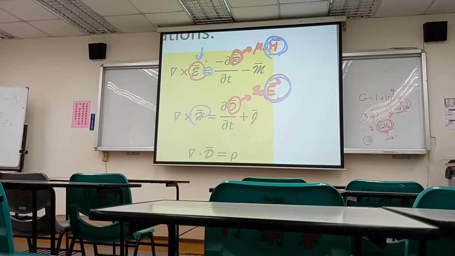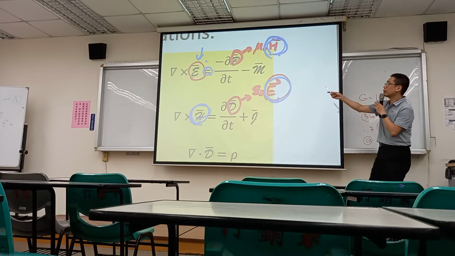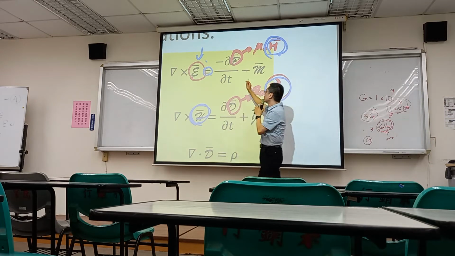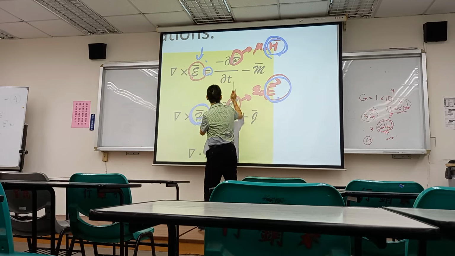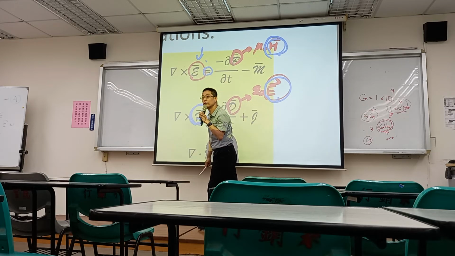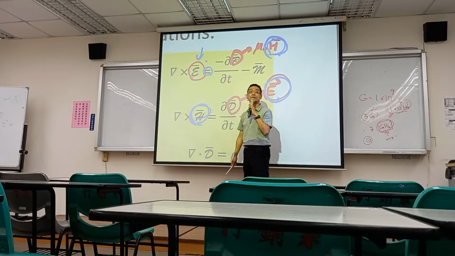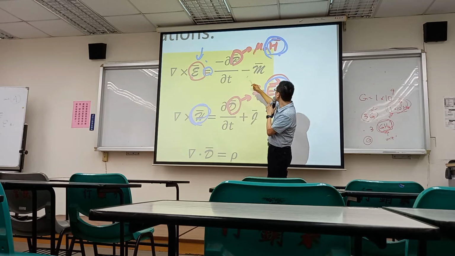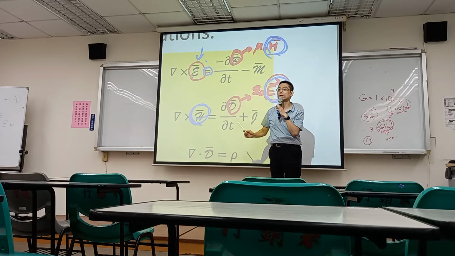They are changing in different sides of the equation, but here come here, and here come here. Okay? That's why I say the E field and H field, this is the source of the magnetic field, and this is the source of the electric field.